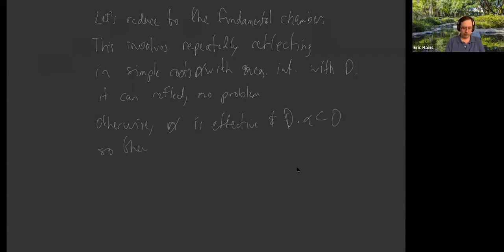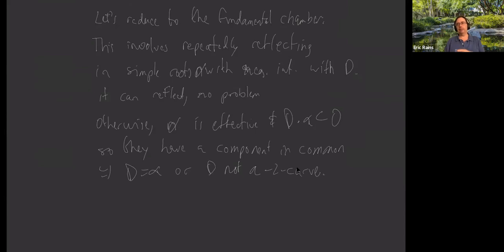So they have a component in common. But this implies that either D is alpha or D is not a -2 curve. So if you try to reflect in something and you're not allowed to, either it's because you're trying to reflect in yourself or you're not a -2 curve.